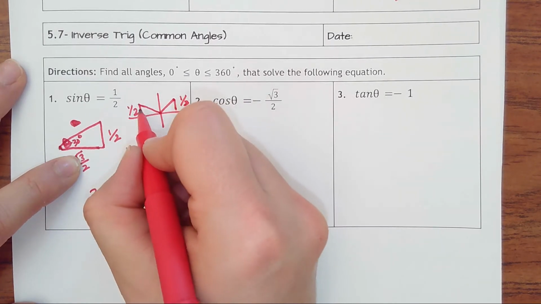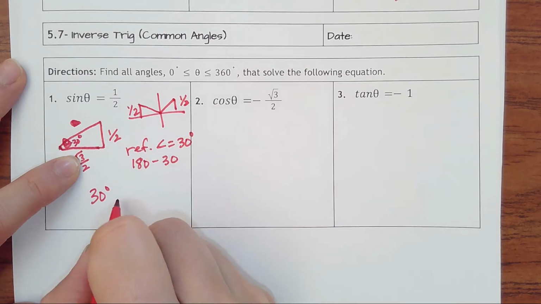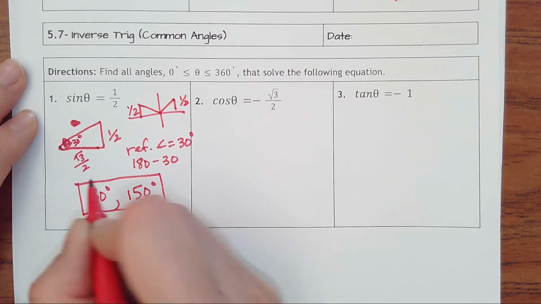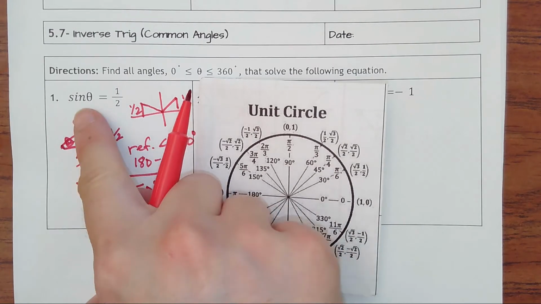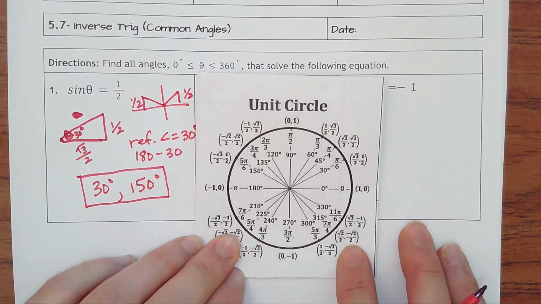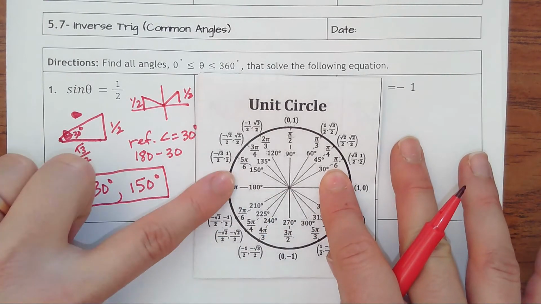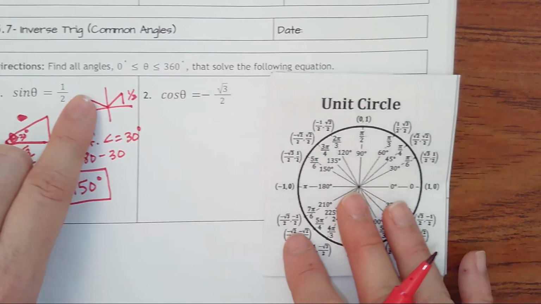To figure out this, I want to go 180 minus 30, which would be 150. Okay, if you don't like that, again, you can pull up your unit circle and you're finding where are the y values a half. That would be right here at 30, and then that would mirror image here at 150. Okay, so up to you.